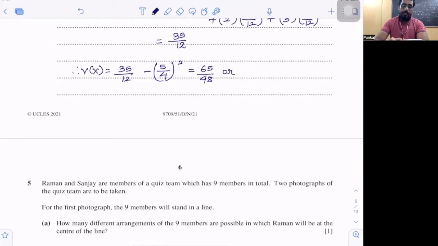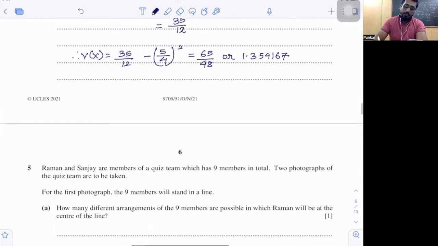Or if I want to write in decimals, it's 1.354167. But I want to write up to what? 3 significant figures, right? So the answer is 1.35. So I'll just quickly shade the answer.